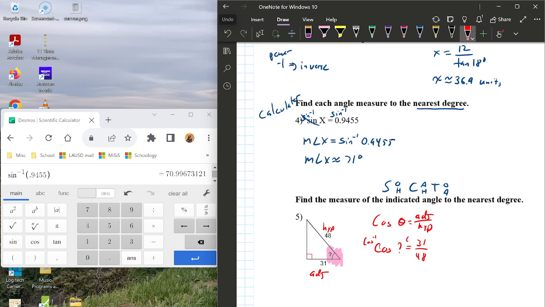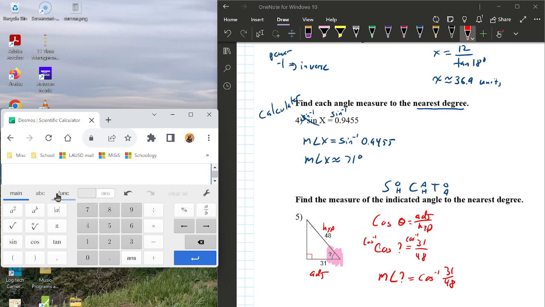You don't have to write this in all the time. So I'm using that cosine inverse. So the measure of my question mark angle is going to be cosine inverse of 31 over 48. Now you don't have to divide that out and put it into a decimal. You can just put it into your calculator.